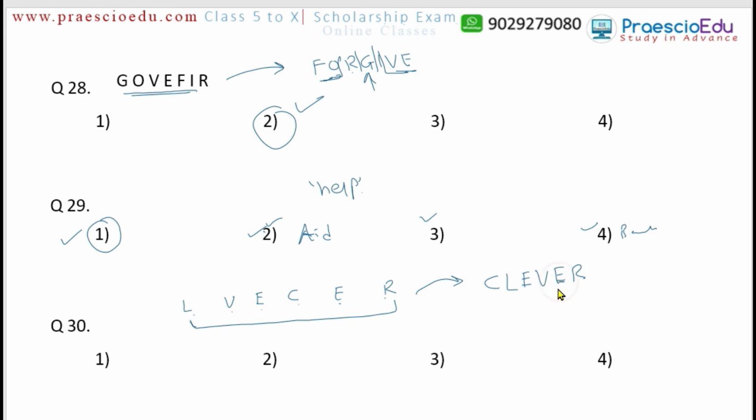This is the meaningful word. Now the condition is which letter will be at the third place from the right end of this meaningful word. Now from the right side we have to count the third one. So this is first, second and third. So V is the letter, and V is given in option number 2. So that's why option number 2 is the correct one.